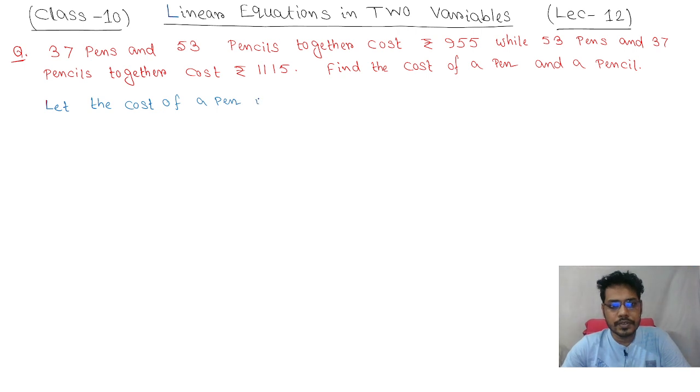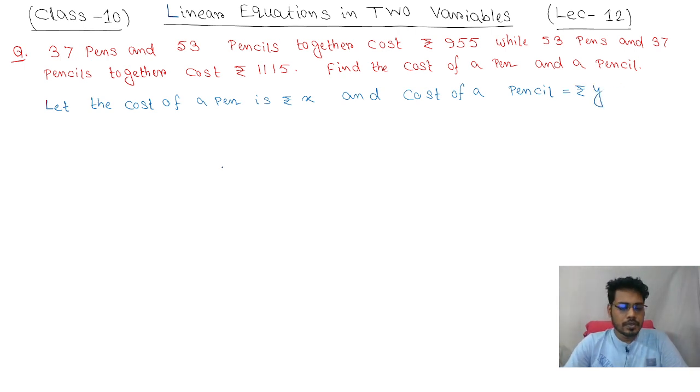Cost of a pen is rupees X and the cost of a pencil is rupees Y. Now 37 pens, so 37X, 53 pencils, that is 53Y, together cost rupees 955.